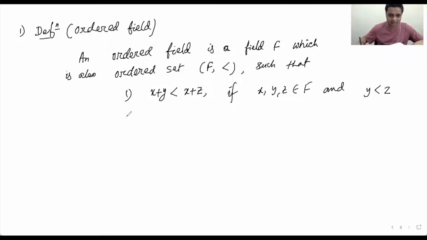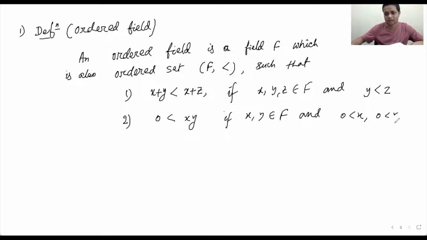And the second condition is the following: x times y is greater than 0, or in other words, you may write 0 less than x times y, if x, y belong to F and x greater than 0, or in other words 0 less than x, 0 less than y.